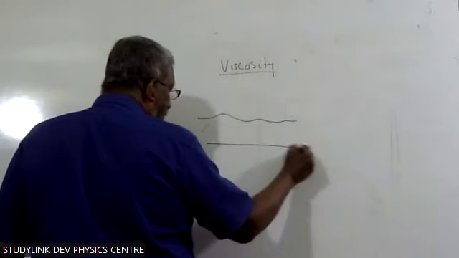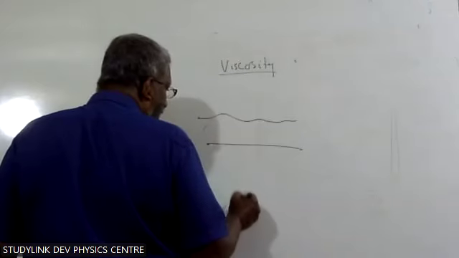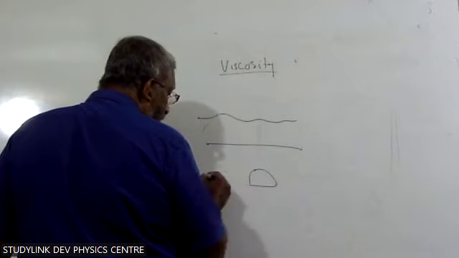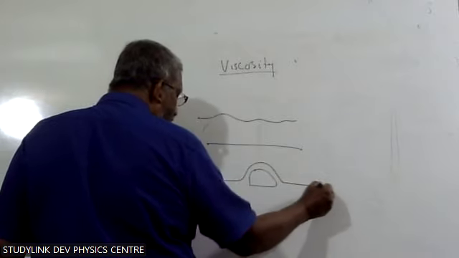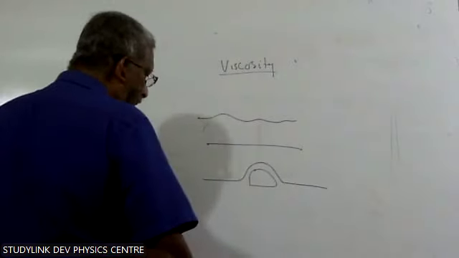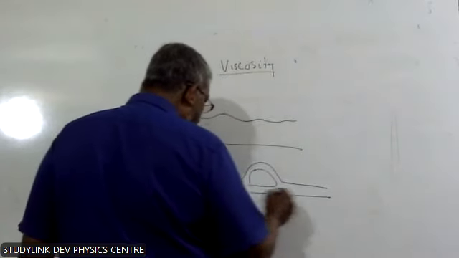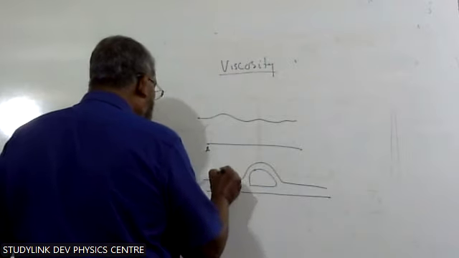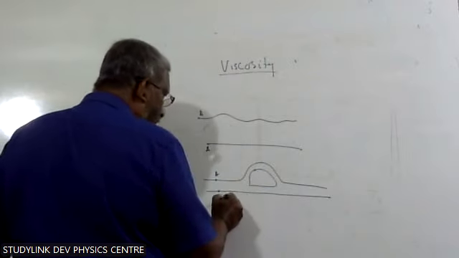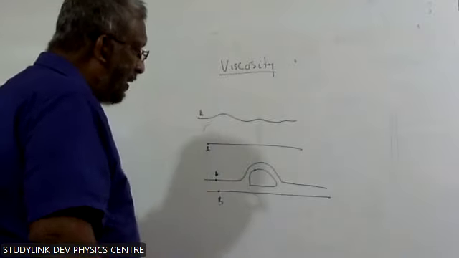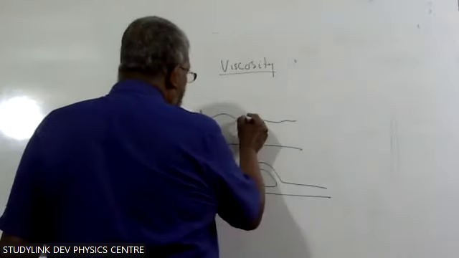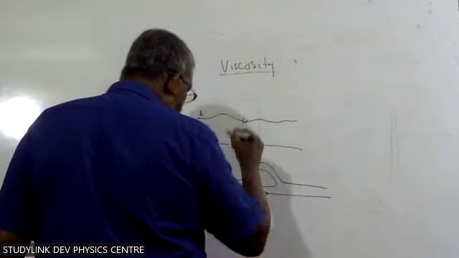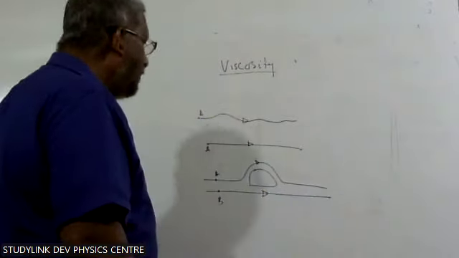Most of the time it may be straight. Sometimes if there is a certain obstacle, the streamline changes its path and goes like that. Another one may be going directly. These are two different particles, particle A and particle B. Then the direction of the flowing particle should be marked.